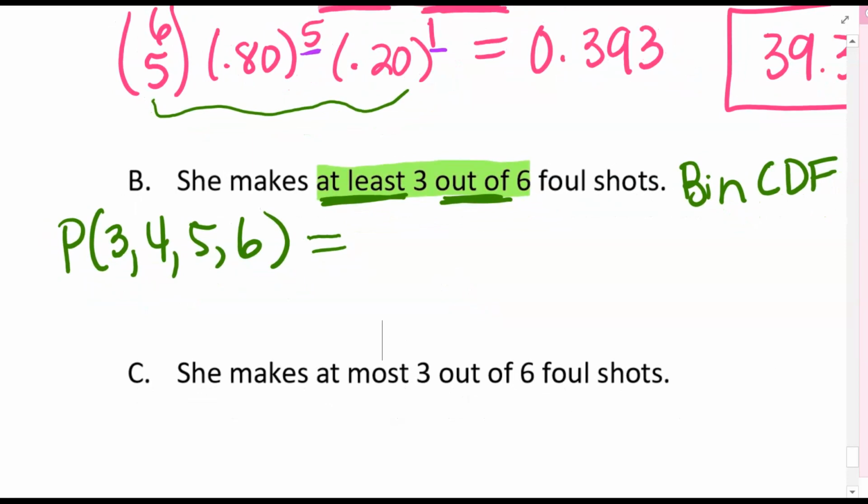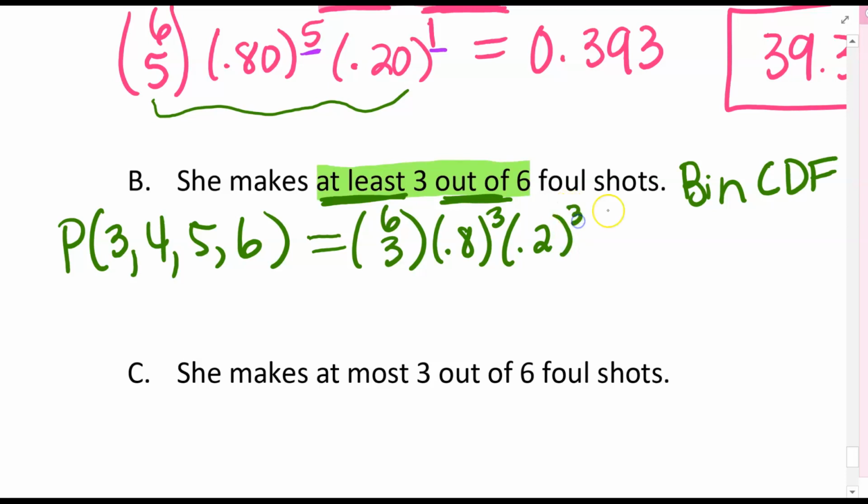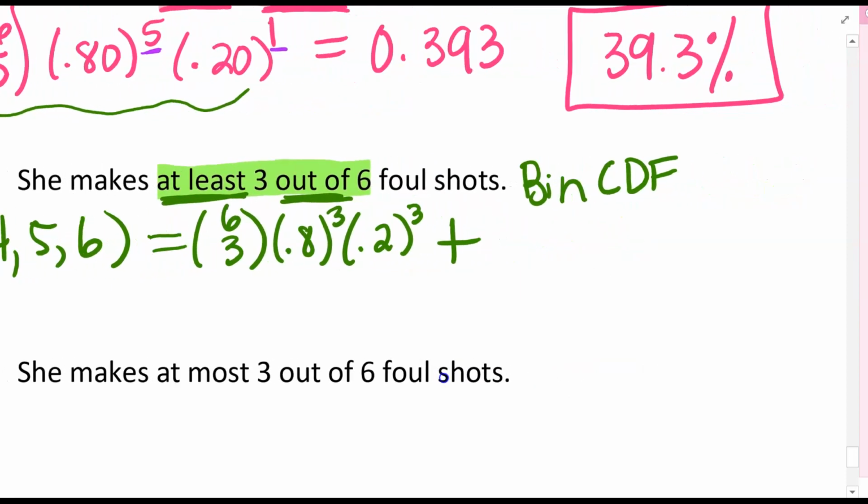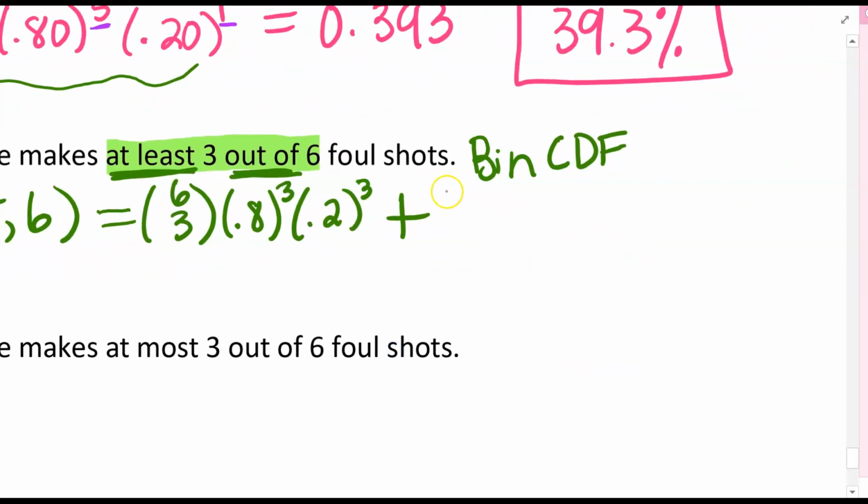Okay, so the first option is that she makes 3 out of the 6. So this is going to be 6 choose 3. You need the probability of success, which is 0.8, to the number of shots she makes, 3, times the probability of failure raised to the number of failures, which is 3. Good. Or she can make 4 out of the 6, so this is 6 choose 4.